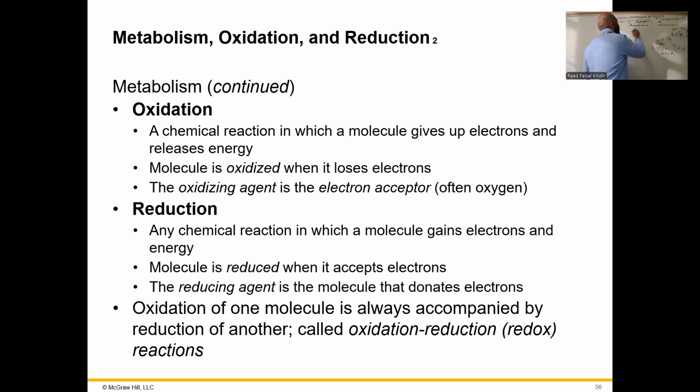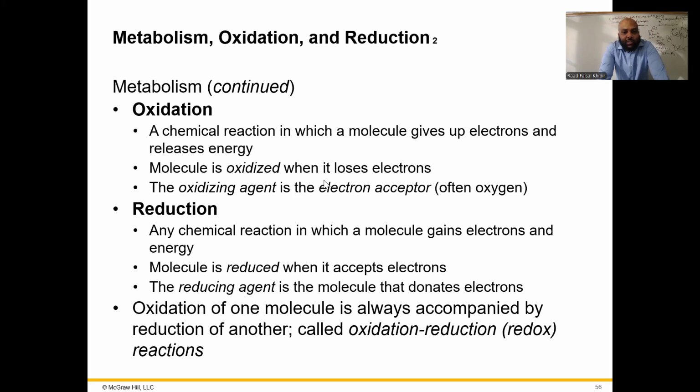So in sodium chloride, Na plus lost an electron, it is oxidized. And if it's oxidized, what agent is it? Reducing agent. And chloride gained an electron. If chloride gained an electron, that makes it reduced. And if it's reduced, what kind of agent is that? Oxidizing agent. So, oxidation, a chemical reaction in which a molecule gives up electrons and releases energy.